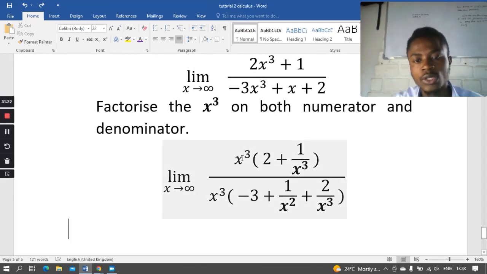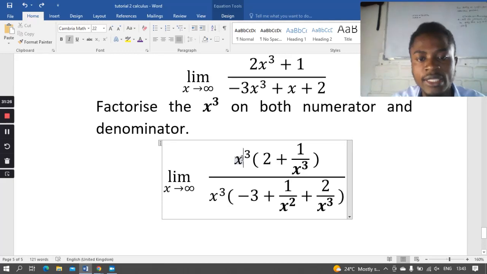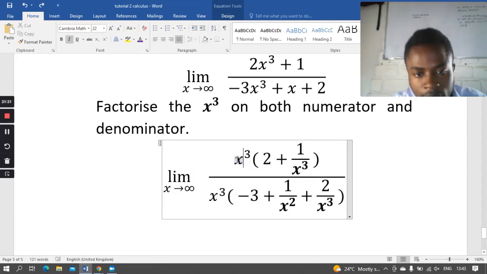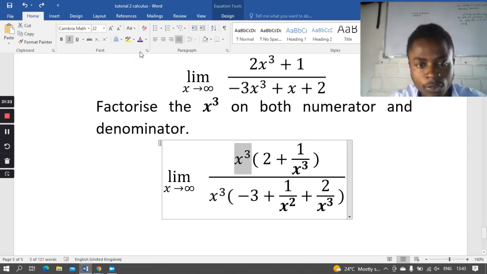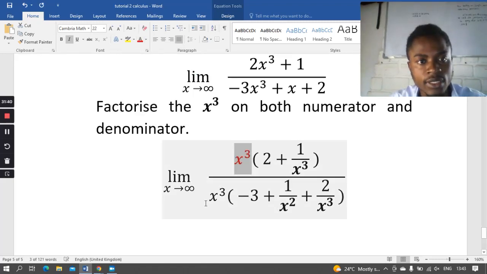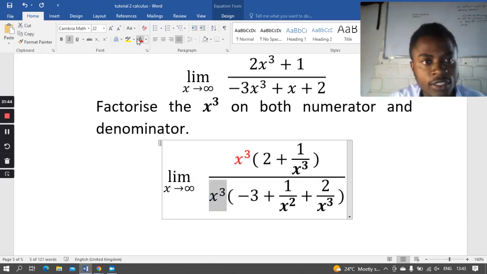Let me quickly highlight it for someone who needs to see it. So this x here has been factorized. The x cubed has been factorized.